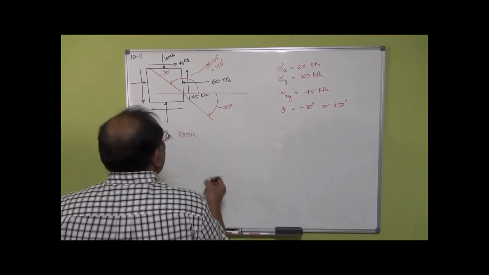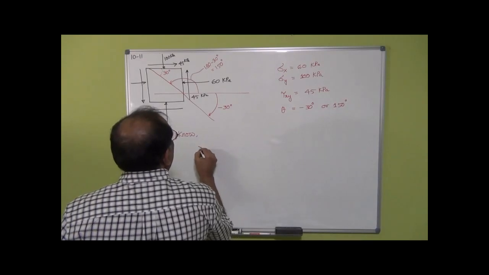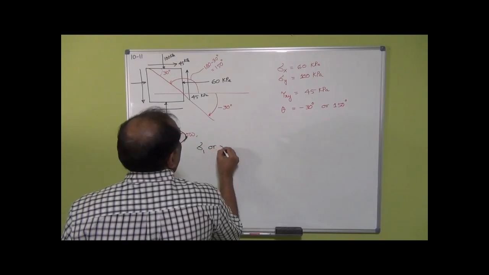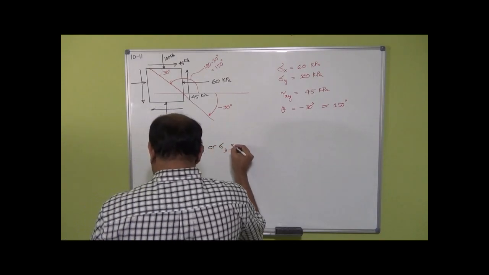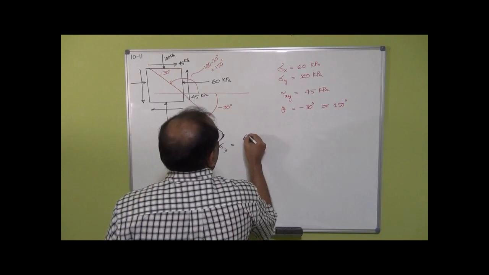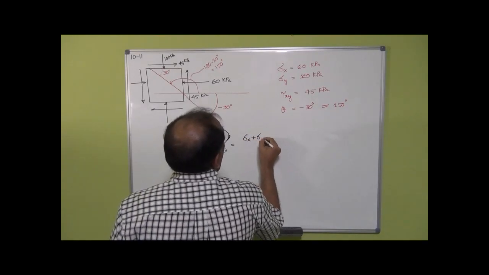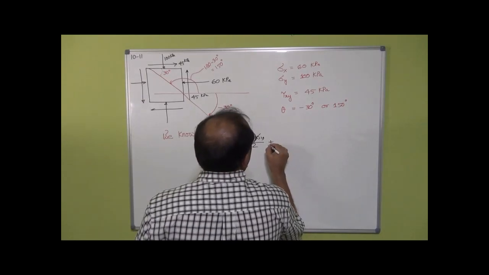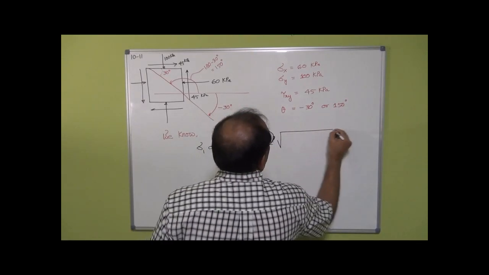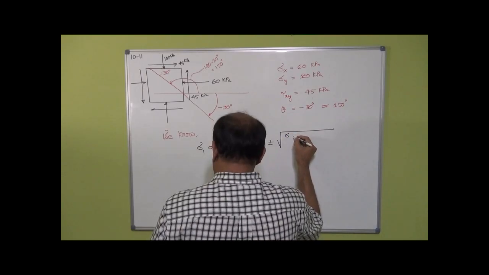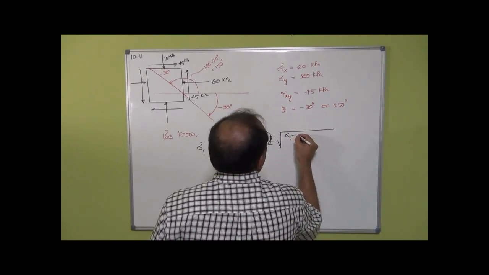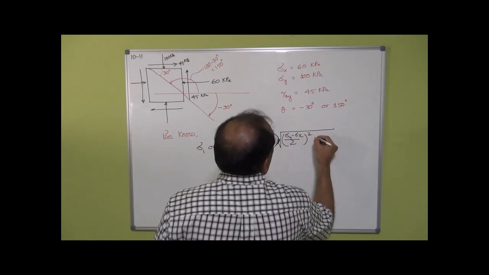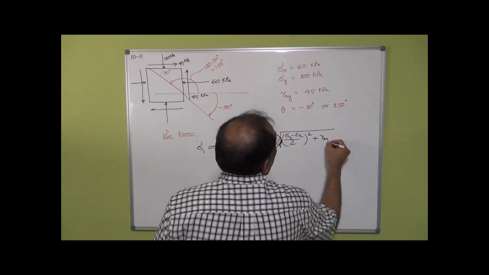Usually the equation is sigma 1 or sigma 3 is equal to sigma x plus sigma y by 2, plus or minus the square root of sigma y minus sigma x divided by 2 whole square plus tau xy squared.